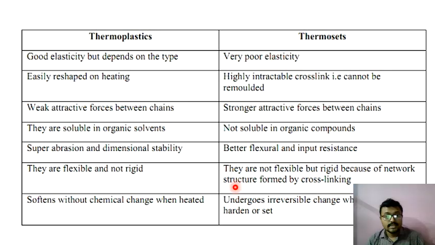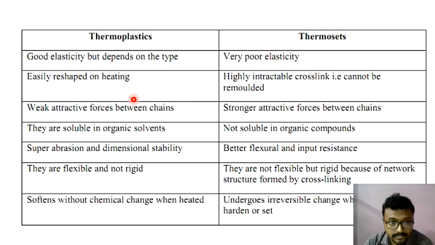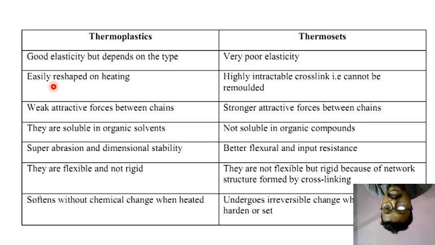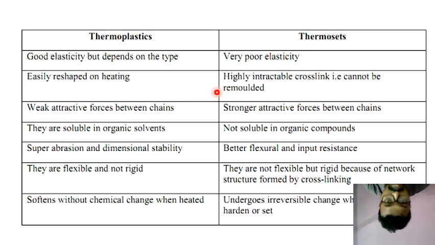It is very important. So thermoplastic has some elasticity but depends on type. Thermoset has no elasticity. Thermoplastic is softened when heated so it can be reshaped, but thermoset cannot be reshaped, cannot be remolded. Thermoplastic has weak intermolecular force, thermoset has strong intermolecular force. Thermoplastic is soluble in organic solvent, but thermoset is not soluble in organic solvent.